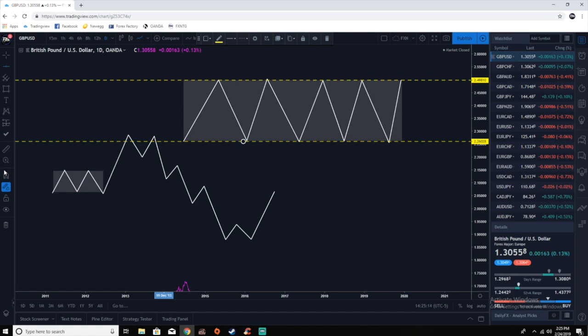What I mean by that is when you look at charts on a higher time frame, you're looking at the bigger picture of things. Whenever you're looking at a daily chart, you're going to see that the levels are pretty big. But when you zoom in to a 4 hour, a 1 hour, or a 15-minute chart, within that one level there are multiple levels or multiple cycles within it.